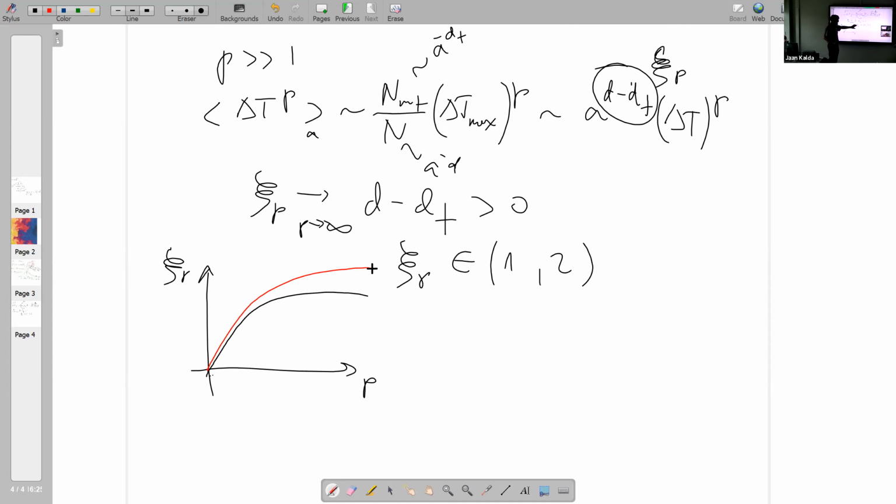Well, the difference is not really very big for practical cases between those two behaviors, because usually you cannot calculate structure functions for very big values of P. Why can you not calculate very big values of P? This is because there is not enough statistics. If you calculate something like, so take a certain average, and here the structure function is delta T to the power of P averaged.